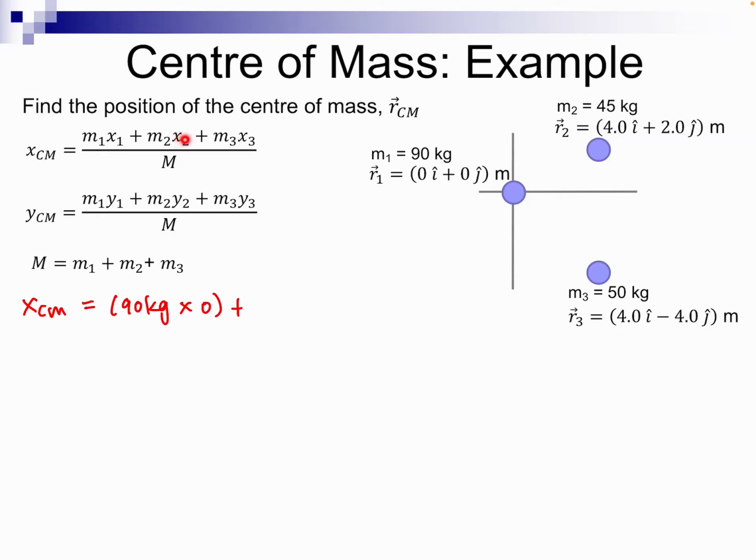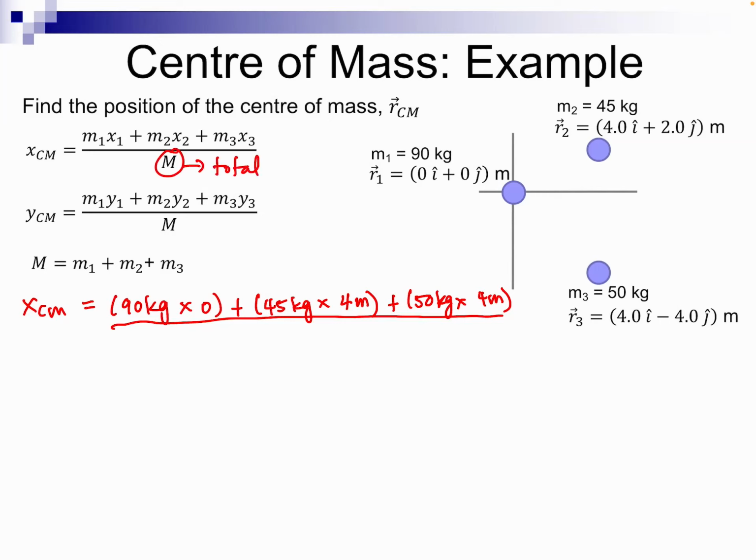Now m2 times x2, m2 has a mass of 45 kilograms and its x position is 4 i hat, so times 4 meters. And for x3, m3 is 50 kilograms times an x position of 4 meters, divided by M. This is again the total mass. So we do 90 kilograms plus 45 plus 50.